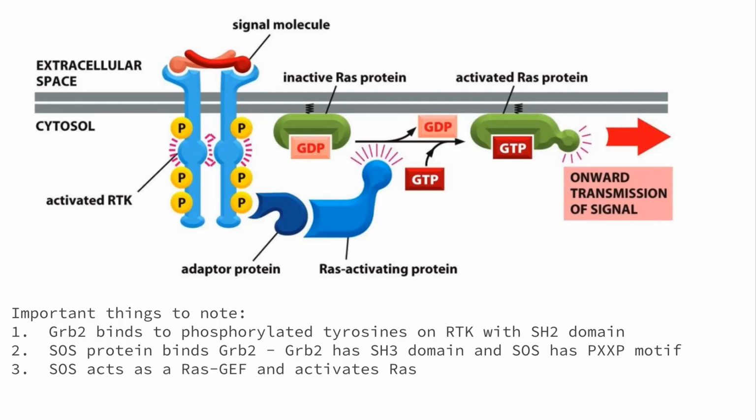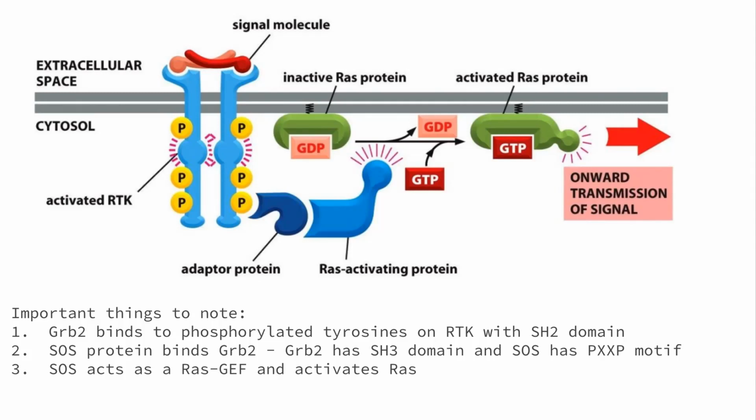And when SOS is activated, it acts as a RAS-GEF. So a GEF is a guanine exchange factor. And so when it's activated, it causes RAS to lose affinity for GDP so that GTP can go into the RAS binding pocket, which then activates the RAS protein. Any questions on this part?